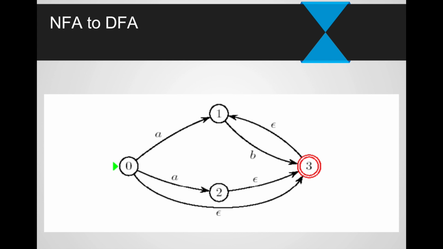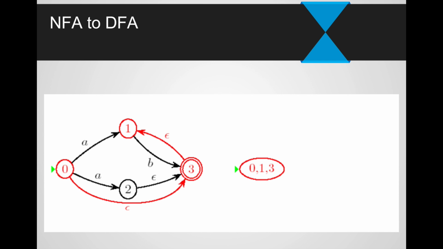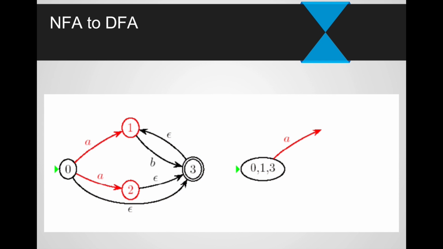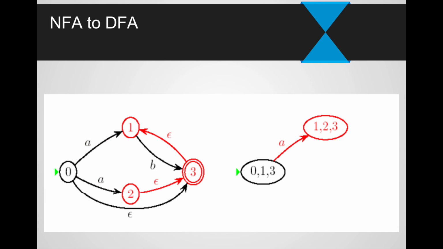Here is a conversion example of NFA to DFA. States 0, 1, 3 are converted to the initial state of the DFA. Transition A read leads to 1, 3, 2 states combined. Transition B read leads to 1, 3, 2 states combined.